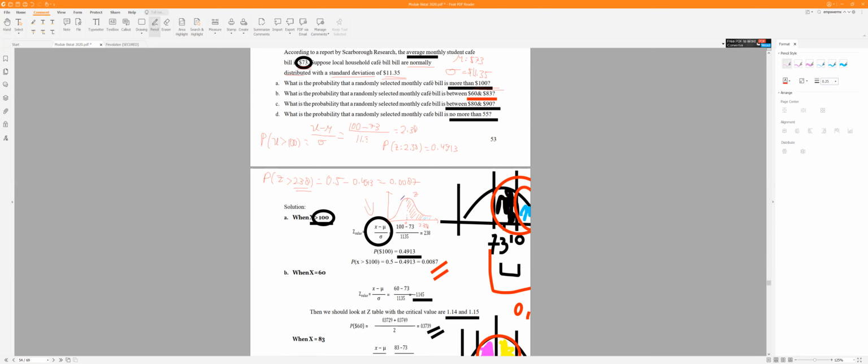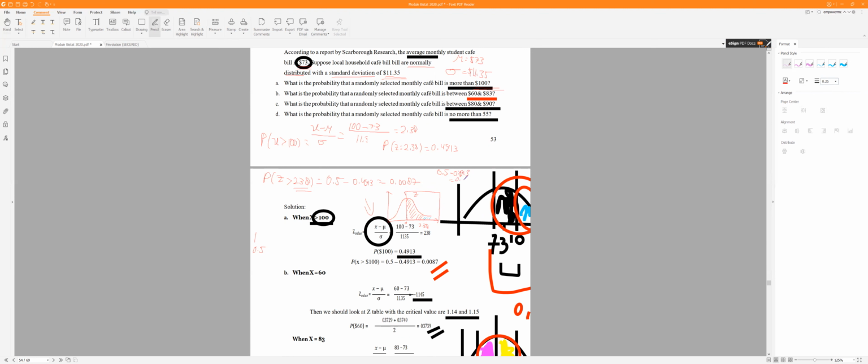This entire right part of the graph. If you remember correctly, the total area of the graph is 1. So the area of half of the graph is 0.5. Hence, if you want to get the blue area, it's 0.5 minus the area that is shaded, which is 0.4913.